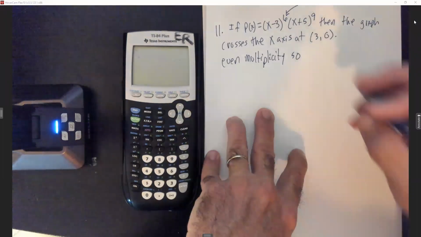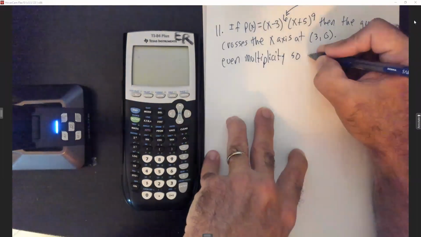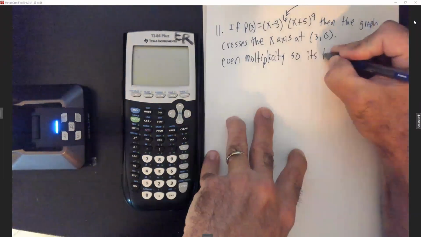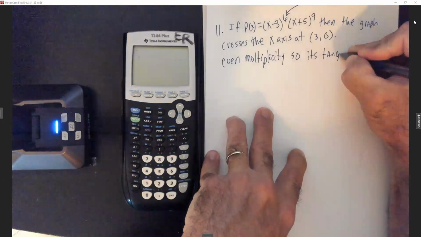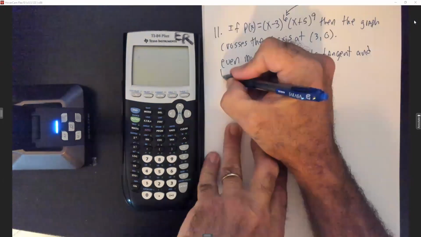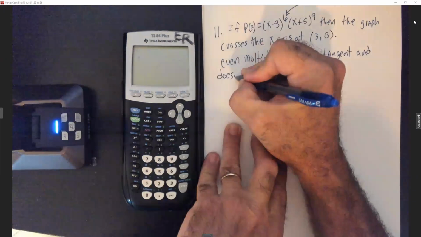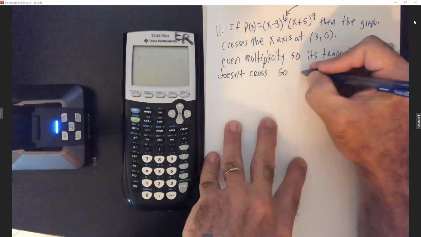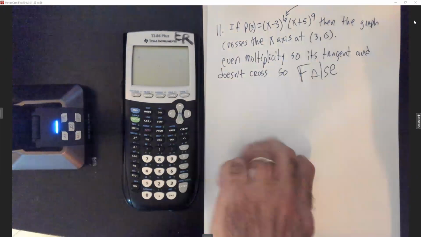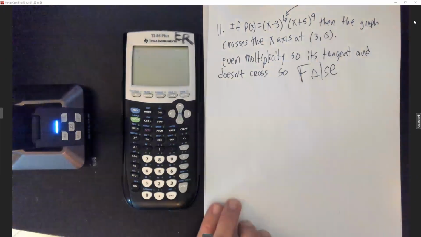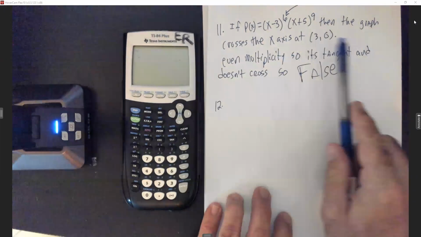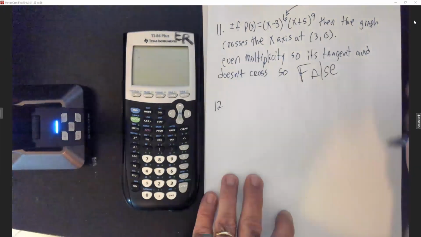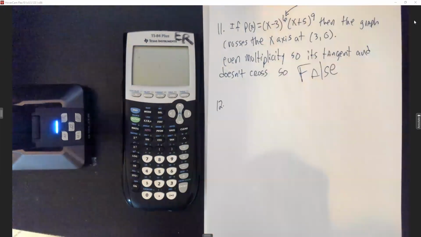So it's tangent and doesn't cross. So this is basically false. It was true that that was a 0, but that wasn't what they asked for. They want to know if it crosses over or if it's tangent, okay? All right, so one more and then we're doing a break.